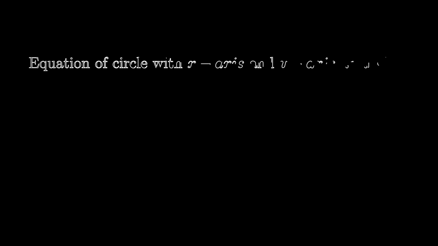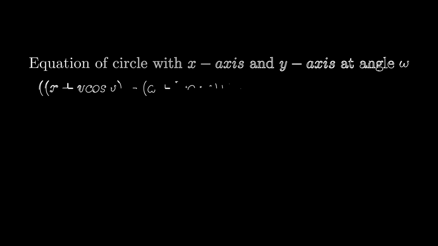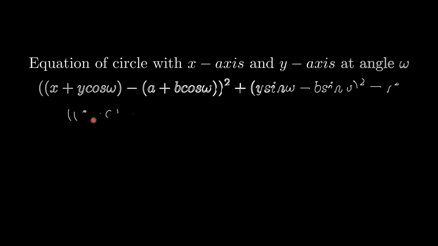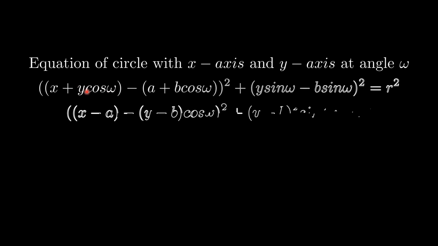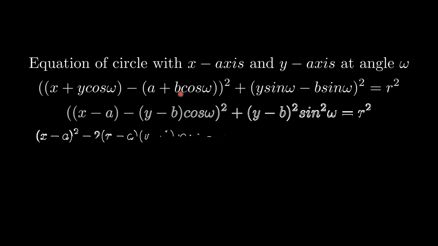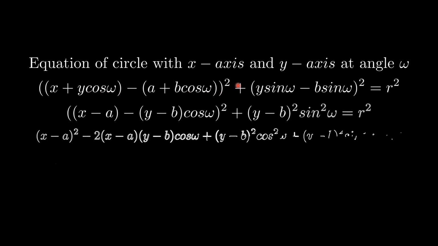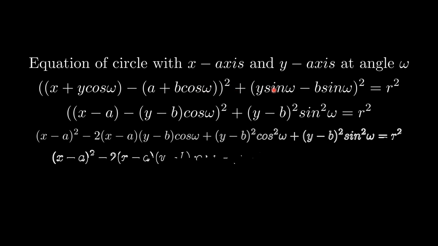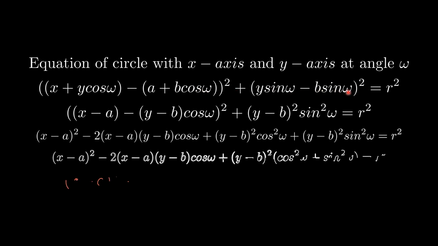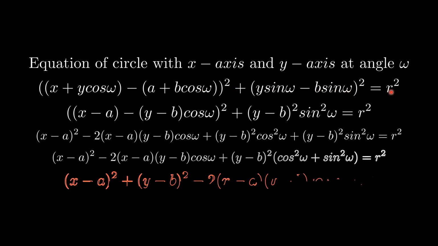So using what we know now, with the x and y axis being at an angle omega, then we do have the new (x plus y cosine omega minus a plus b cosine omega) squared, that is for the x prime, and then (y sine omega minus b sine omega) squared for the y prime equals r squared.